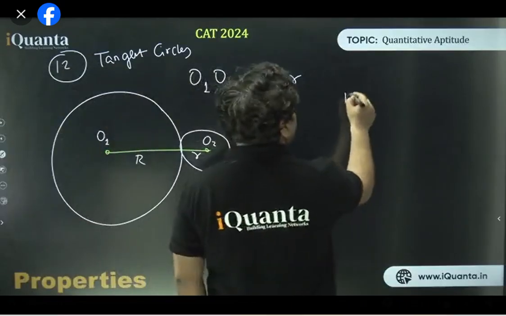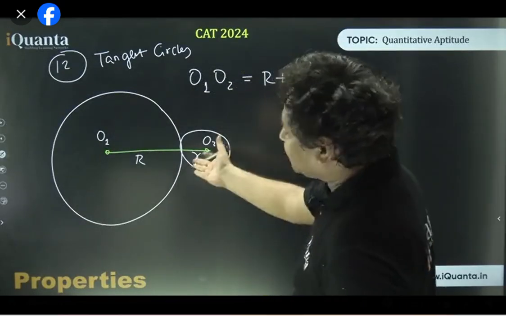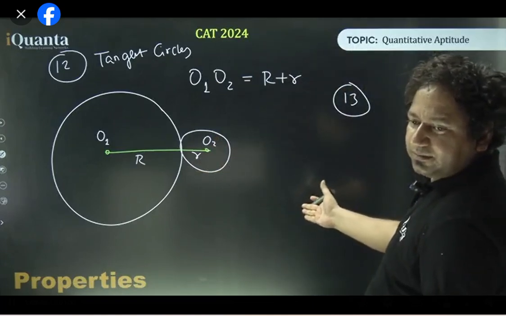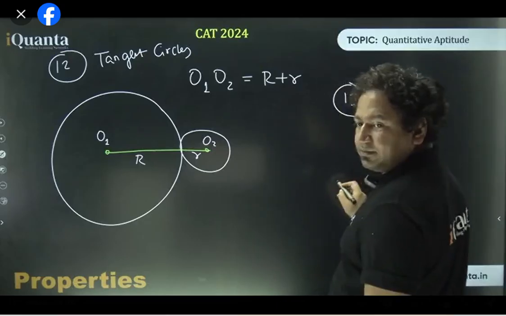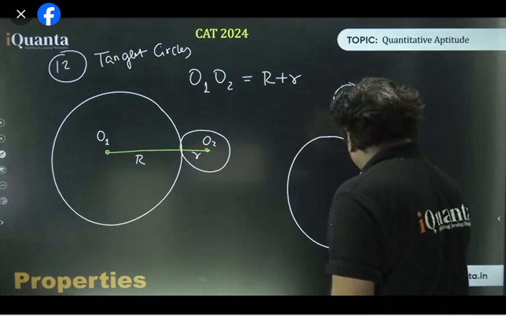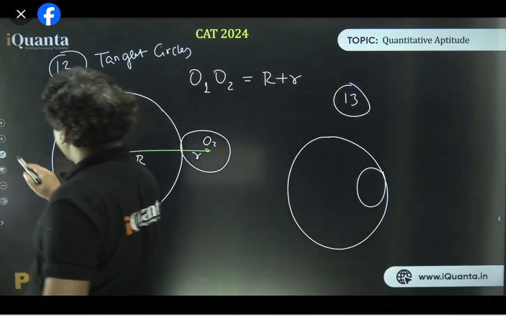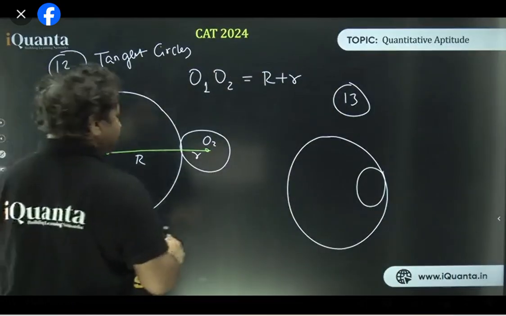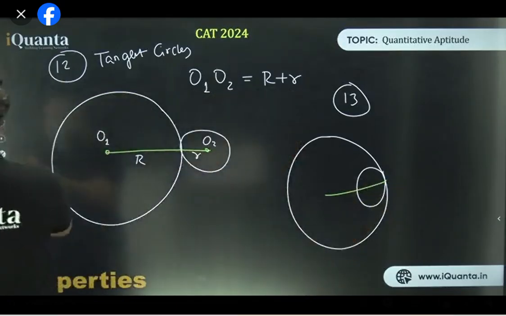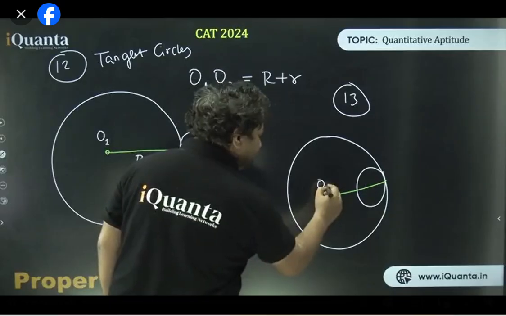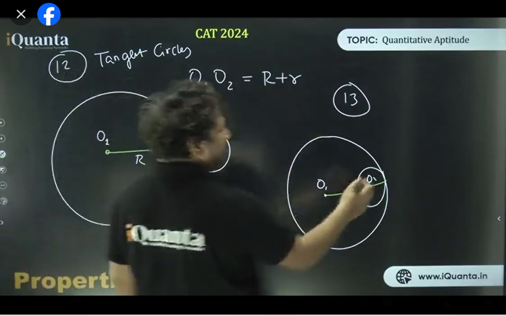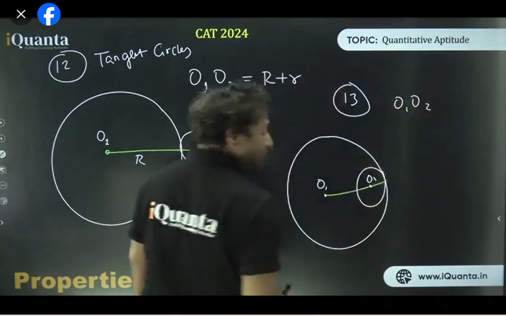13th. So tangent circles have two types. These are touching externally. Okay. And internally they look like this. So what's going to happen over here if I assume the centers to be O1 and O2, in this case also it will be a straight line, but the length of O1 O2, इसकी value क्या होगी?